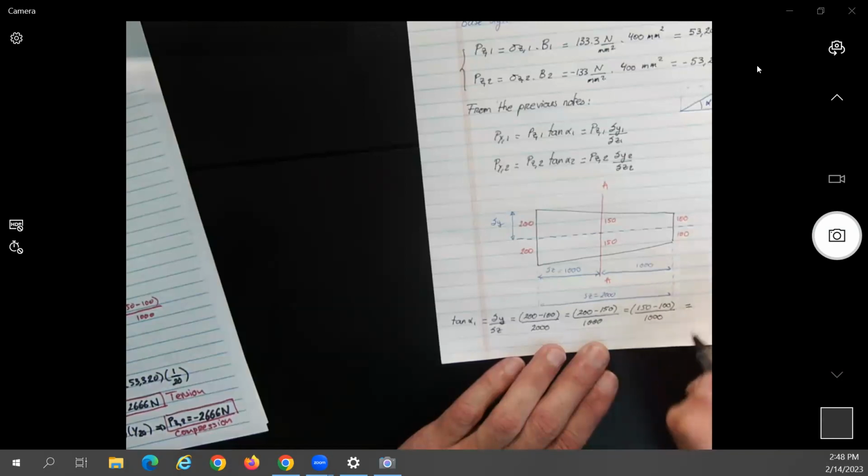But in any case, we're going to get all the time the same result, no? Okay, so you do this calculation, this gives you 50 over 1000, which is 1 over 20, which is 0.05.